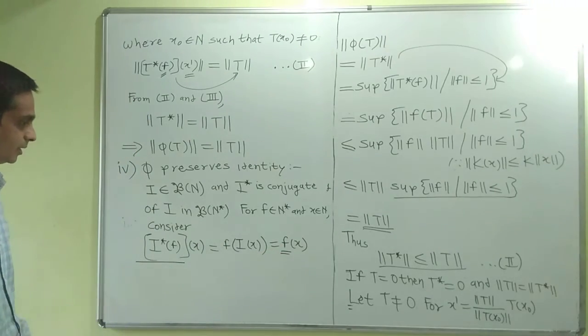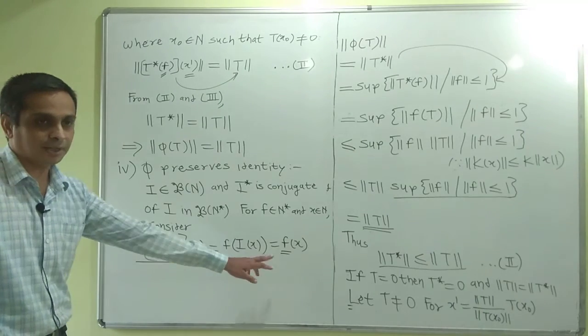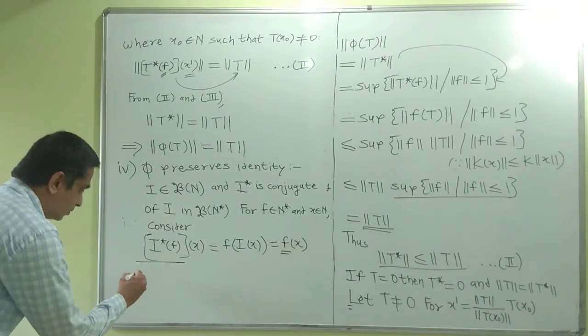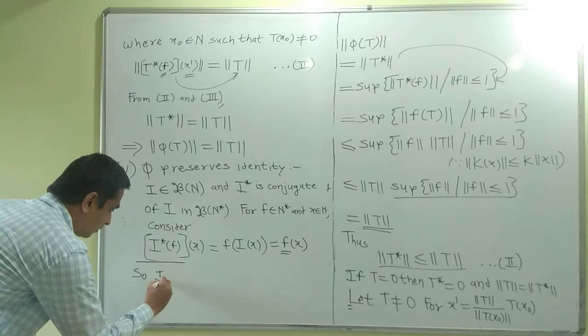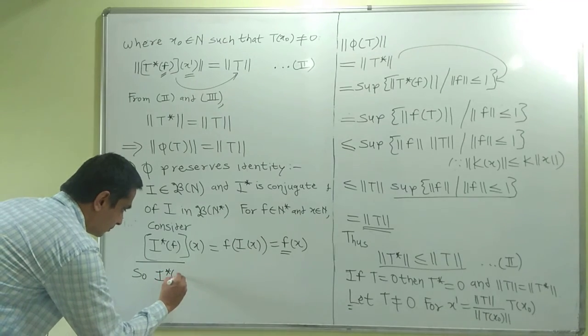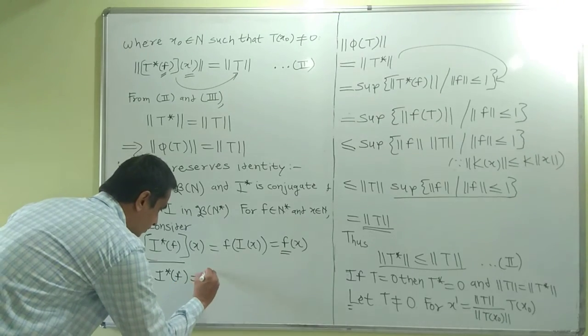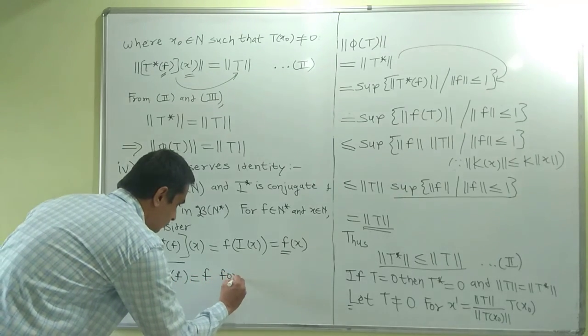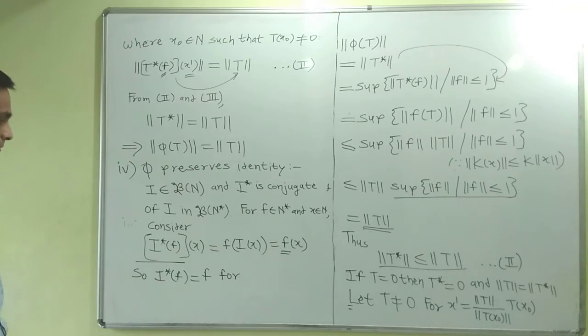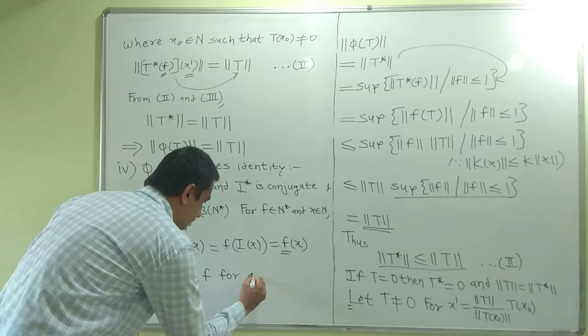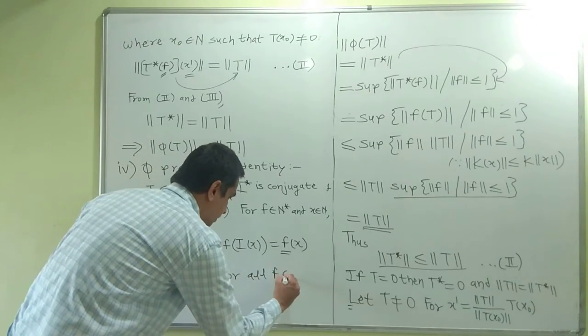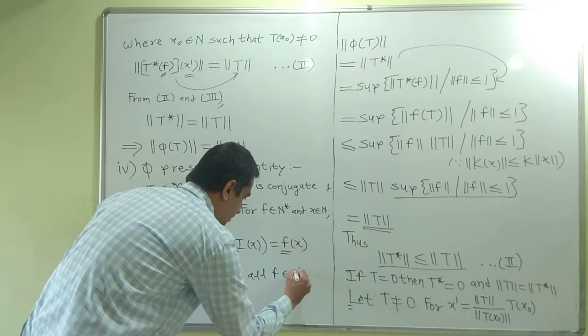Two functions are equal if they have the same value at all points. So I star of f equals f for all f in N star.